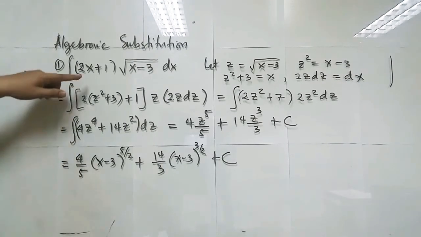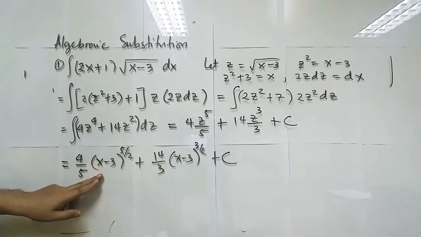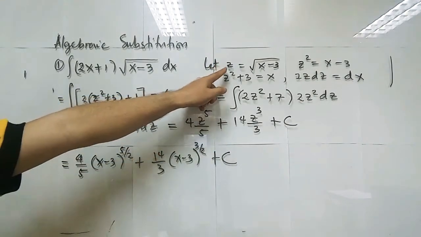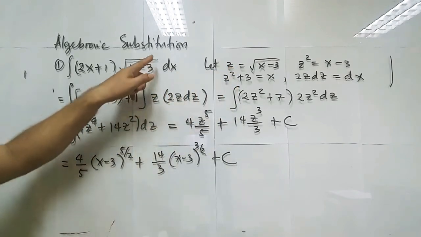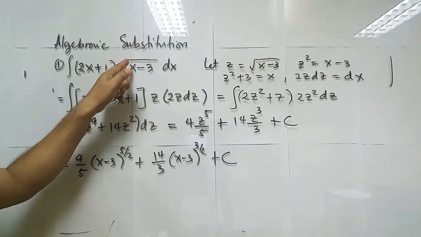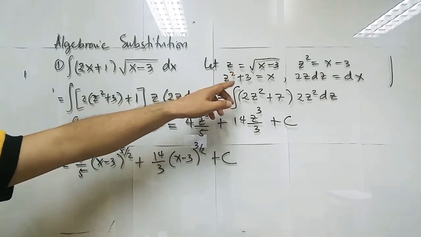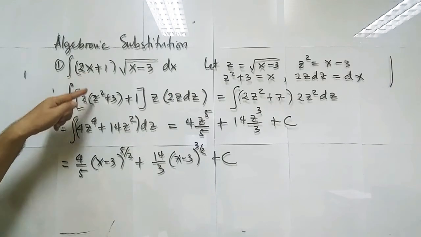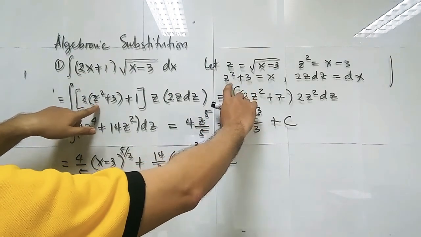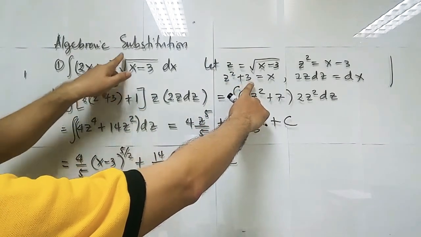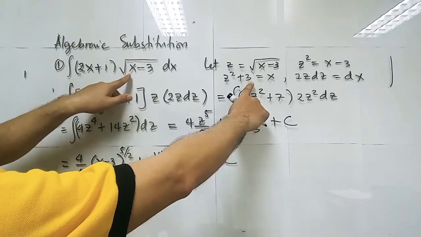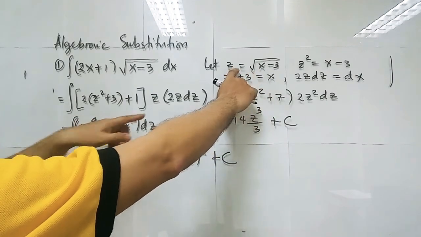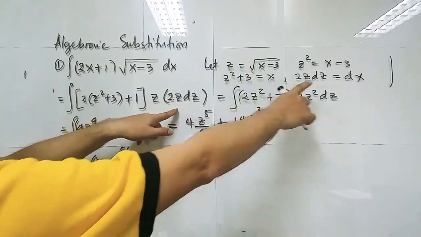So if you have noticed, our final answer is in terms of x. We have the substitution of variable z from this part. Okay, after that, we take the derivative and then substitute all the values of x. Instead of x, we have here z squared plus 3, and instead of the radical sign, the square root of x minus 3, we have here z, and instead of dx, we have 2z dz.